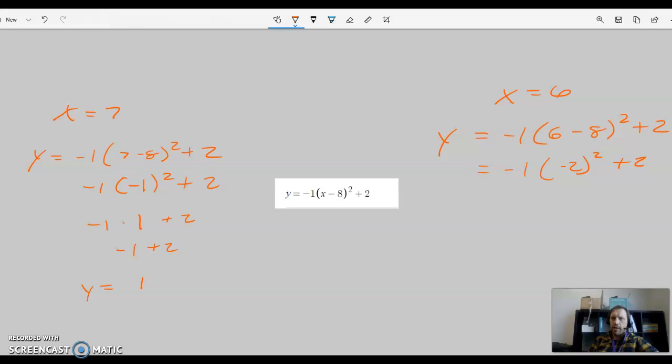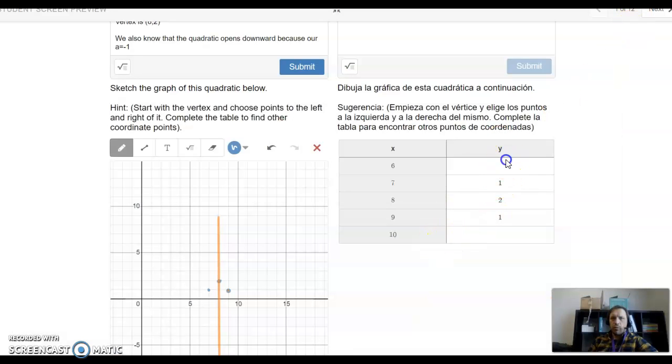Then we do our exponent. Negative 2 times negative 2 is 4. Multiply negative 1 times 4 is negative 4, plus 2. We get a negative 2 when we plug in 6. And so right here, we're going to get negative 2.